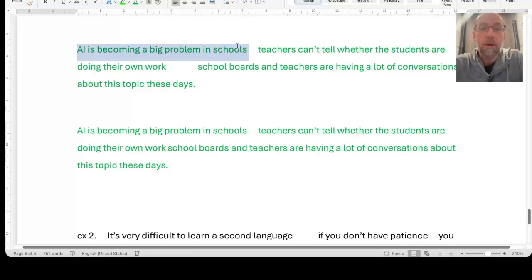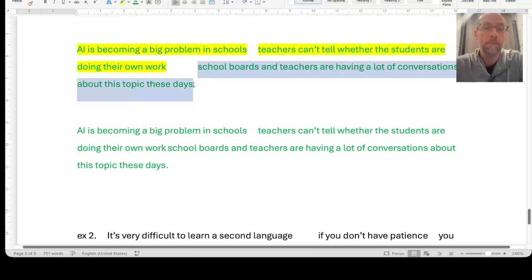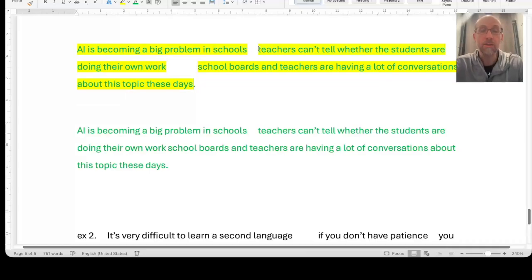AI is becoming a big problem in schools. Okay, independent clause. Subject, verb. Teachers can't tell whether students are doing their own work. There's another independent clause. School boards and teachers are having. Okay, so we have 3 independent clauses. Why don't I just join AI is becoming a big problem in schools?